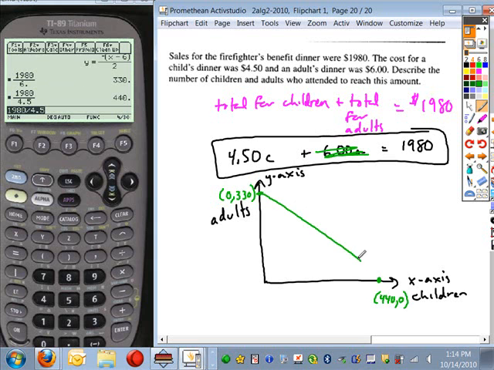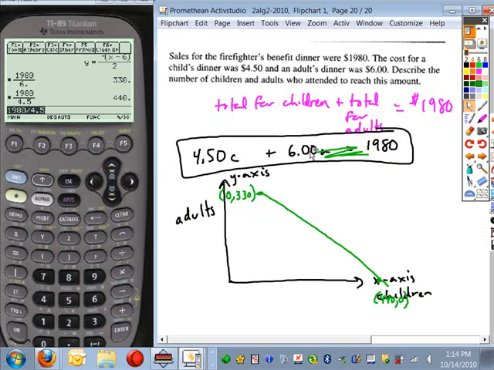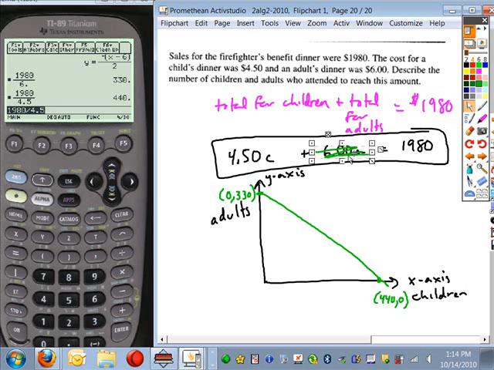And so this equation right here, this line connecting these two, gives all the possible relationships, or combinations of children and adults possible for this dinner. Okay, so this right here would be the graph of it. You only need 2 points to show on this graph. The intercept method or the standard form method would be the ideal one to represent this.